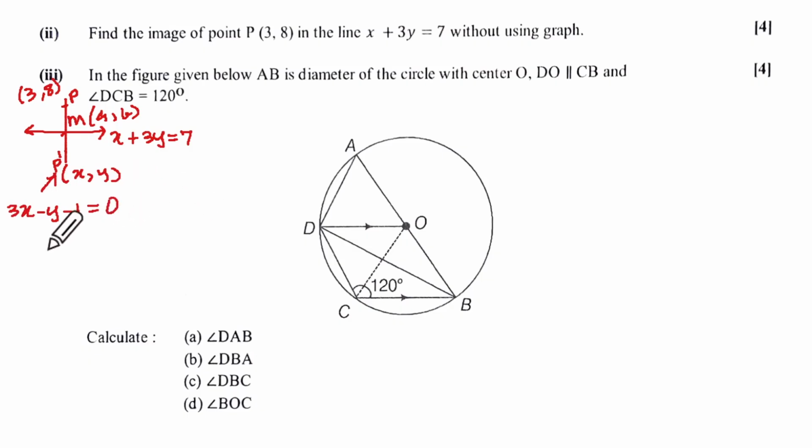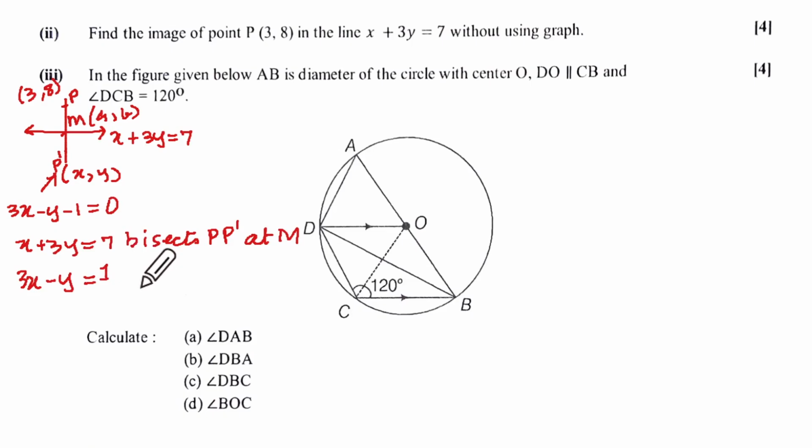Okay, so you will say that x plus 3y equal to 7 bisects P P dash at M. So you are going to write now 3x minus y equal to 1.